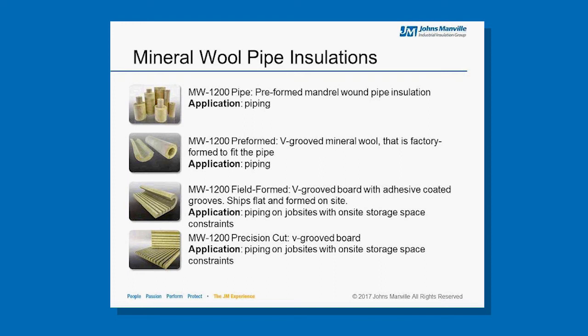Min Wool 1200 precision cut, however, does not have that glue in the grooves, and therefore when it arrives on the job site and you form it, you must band it quickly in order to form it to the pipe. Both of those products are exceptional when job sites have space limitations, because they take up less space, because they ship flat rather than preformed in boxes.